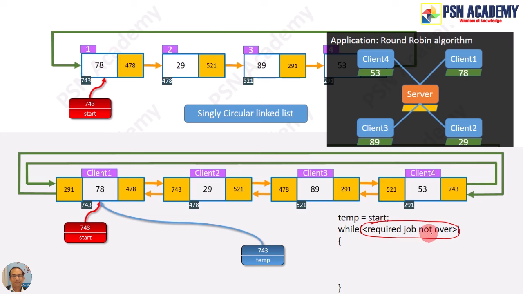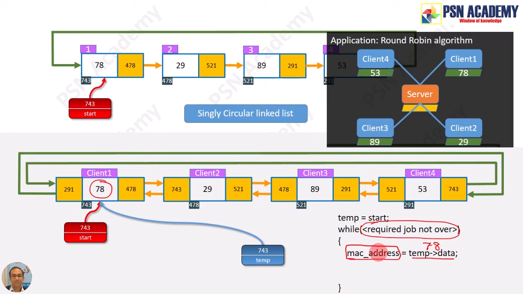If the required job is not over, then you load this mac_address variable with the temp data. Now you see that temp is pointing to 743, which is the first node, and the temp data means 78. So this MAC address will be loaded with 78.